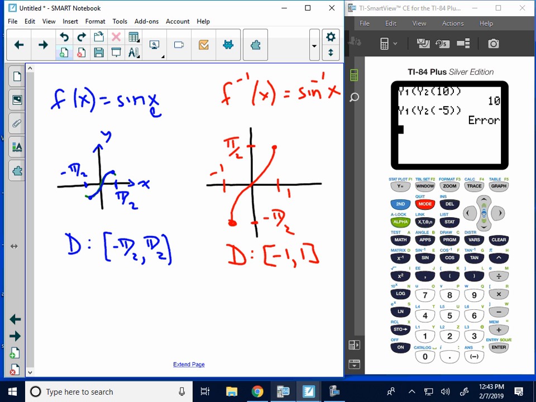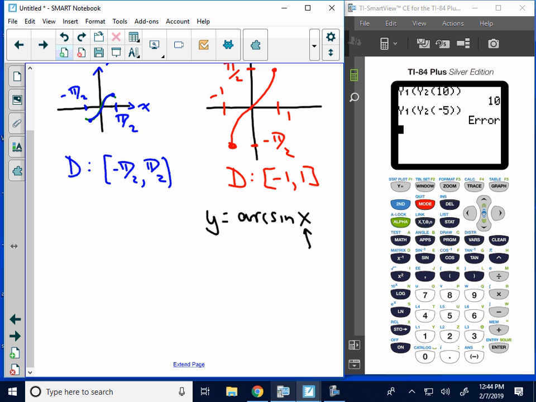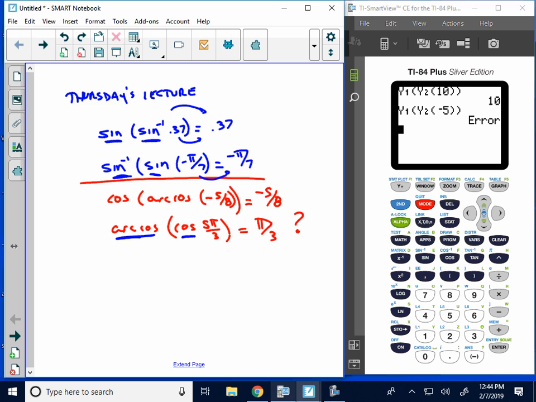So if you just think about it, if I have a problem like y is the arcsine of x, the only numbers I can put into that, this x value has to be in the domain negative 1 to 1. It would make sense to say, tell me the arc that has a sine of, what did I have up here? I had 0.37.